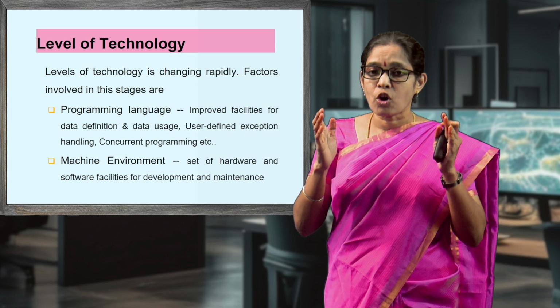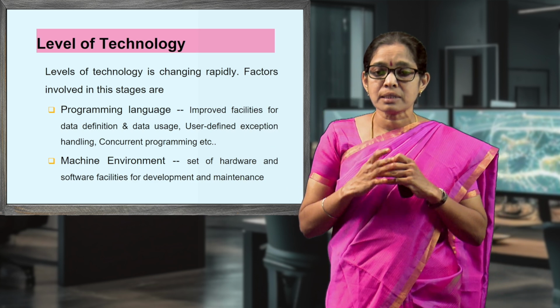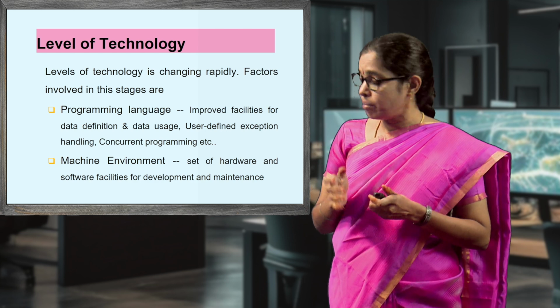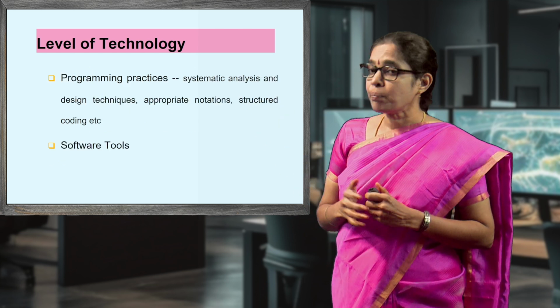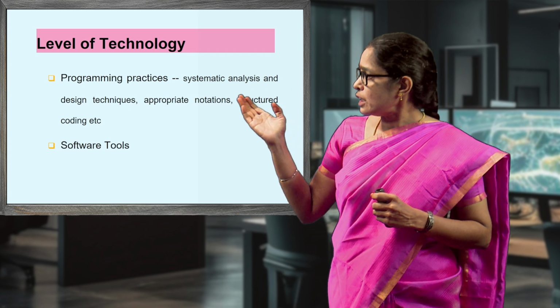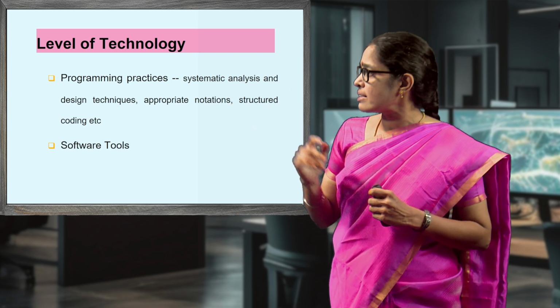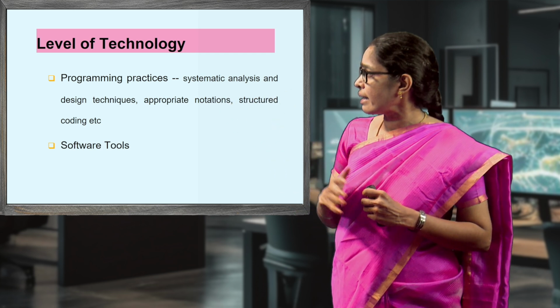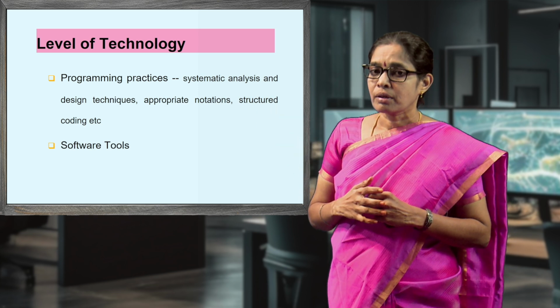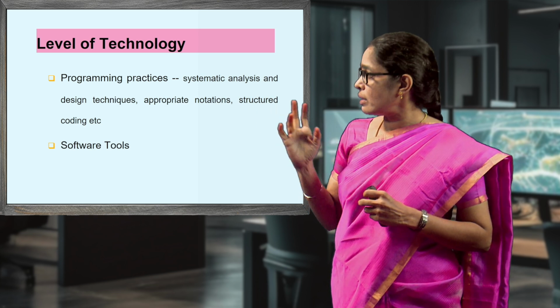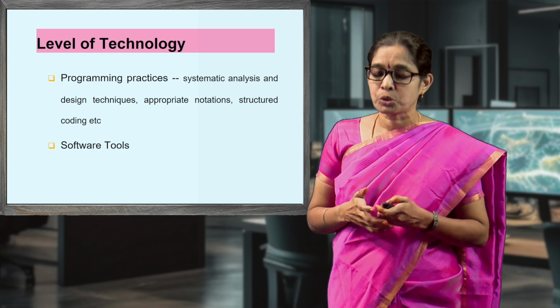It has a set of hardware and software facilities for development and maintenance. Then programming practices. They involve systematic analysis, design techniques, appropriate notations and structured coding. Finally, the fourth includes software tools.